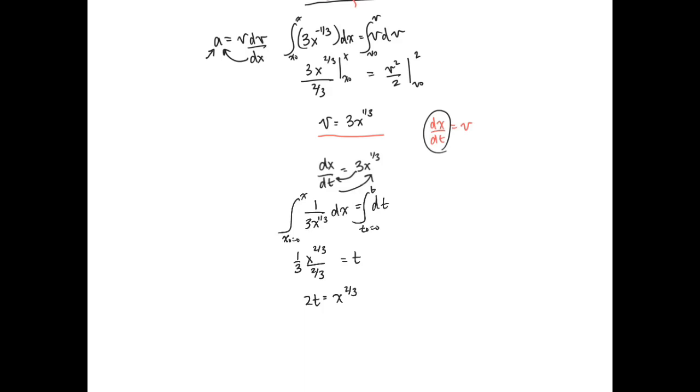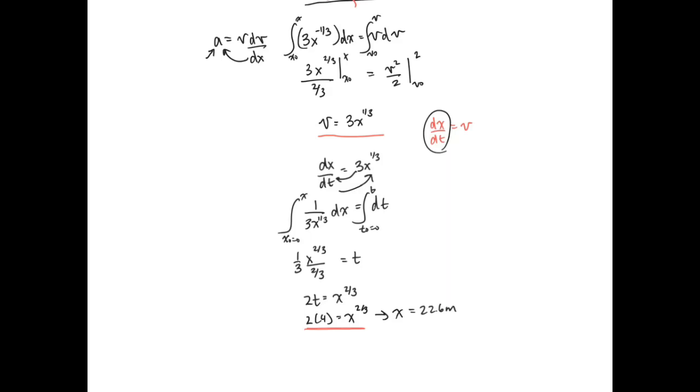Now, the question was asking the acceleration when t equals 4 seconds. So now we plug in 2 times 4 seconds equals x to the 2/3. This gives us a value for x equals 22.6 meters. If you're not sure how to get the x from this equation, make sure that you go through the math of that. You have to solve for x there.